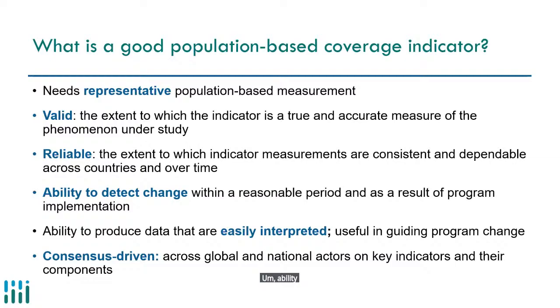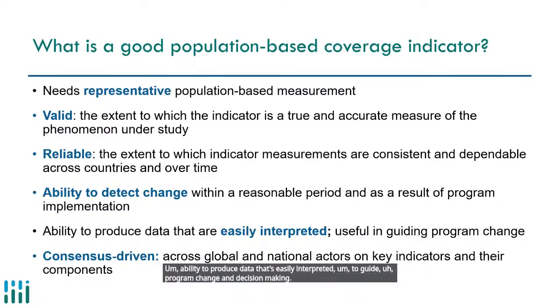Ability to produce data that's easily interpreted to guide program change and decision making, and that it's consensus driven, that there are global and national actors related to the key indicators and components that provide guidance and a consensus across for the different measures and indicators. Next slide.